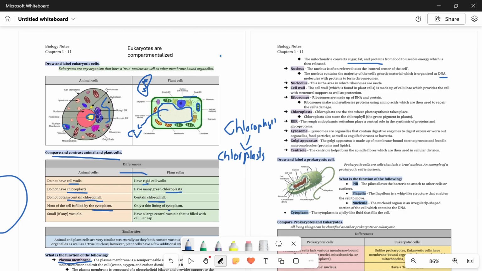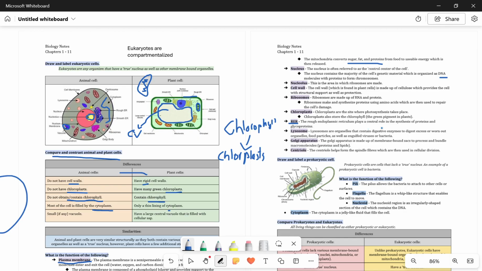Amino acids make a protein, and all of this will be covered in what chemical processes support life, which will be the unit after this. Chloroplasts are the site where photosynthesis takes place, and they also store chlorophyll, the green pigment in plants, which gives plants their green color and captures the light energy from the sunlight.